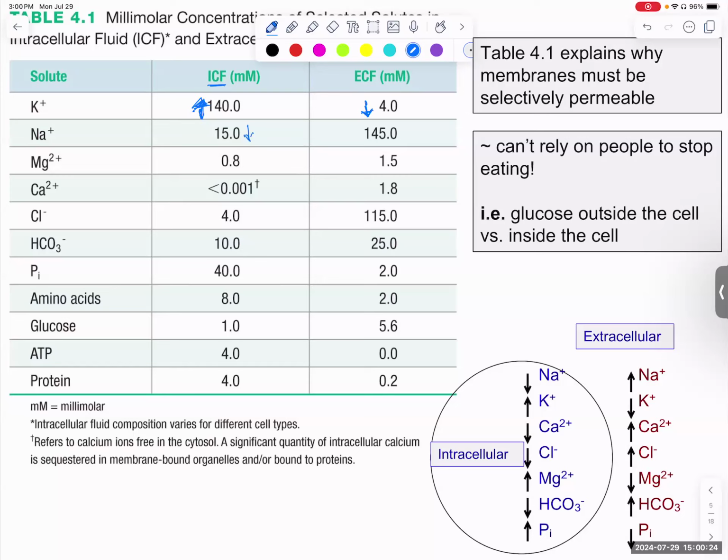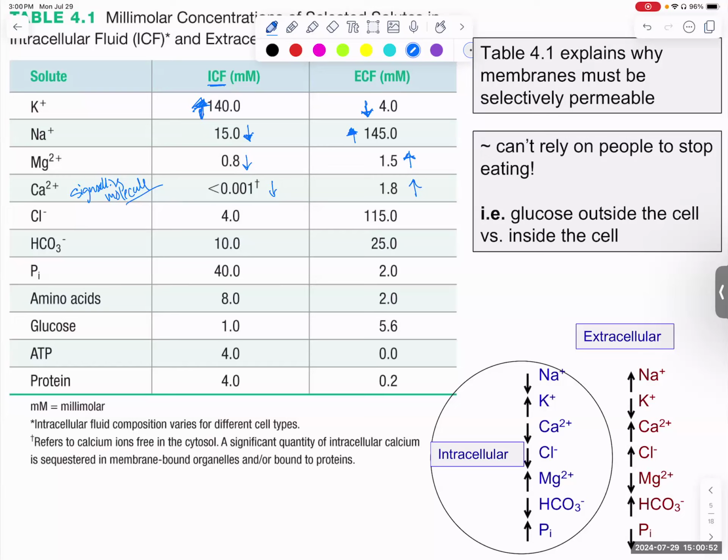But it's flipped: very low intracellular sodium, very high extracellular sodium. Low magnesium inside, higher outside, low calcium. Calcium's a signaling molecule, and we use it for a lot of stuff. So it's actually used to help exocytose neurotransmitters and all kinds of stuff.